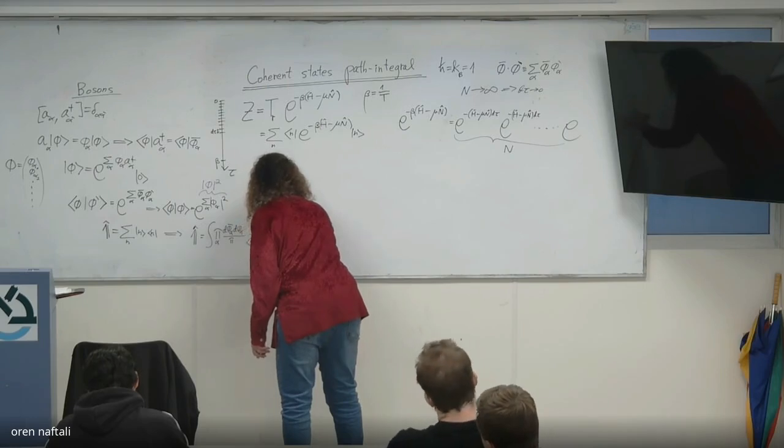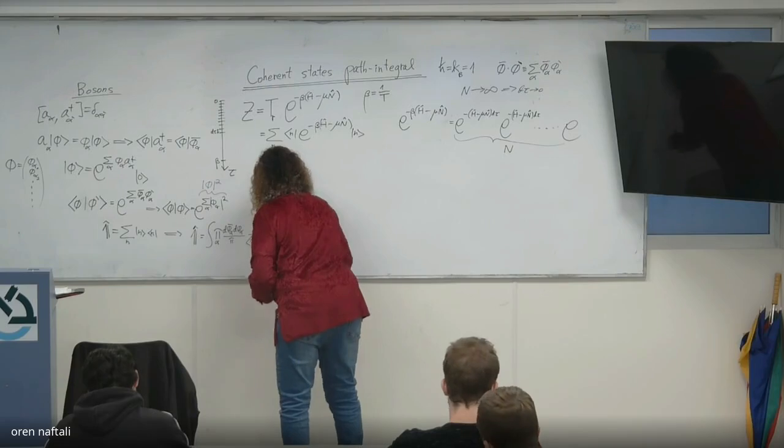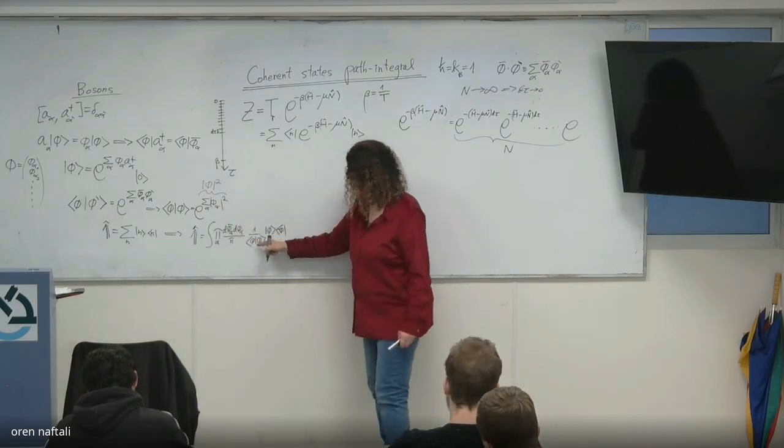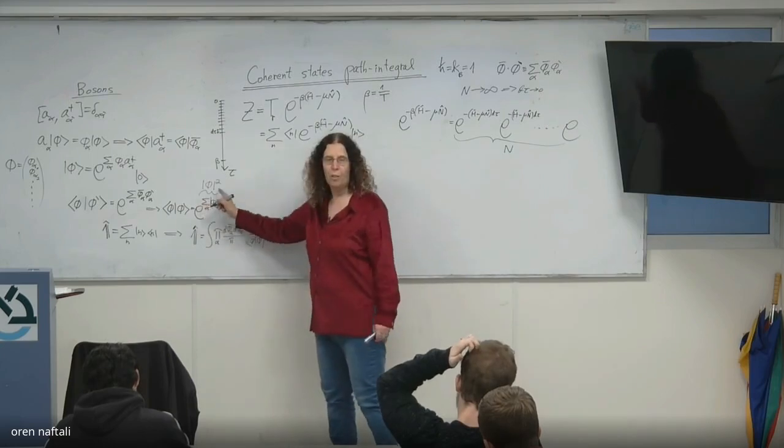So it looks like this, right? But one over this is nothing but e to the minus this exponential.